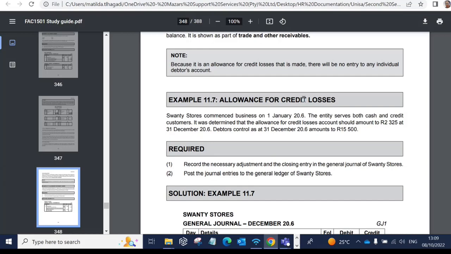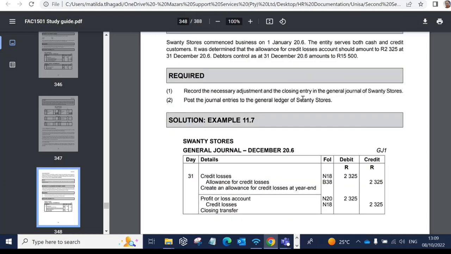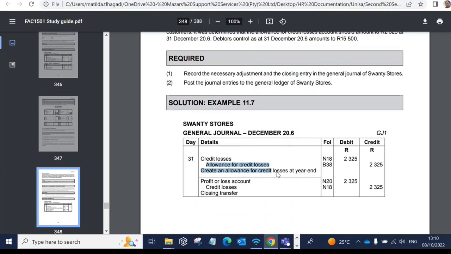So in this case, we're going to debit credit loss with 2,325, and we're going to credit allowance for credit losses 2,325. This account is part of trade and other receivables, so this balance will reduce our debtors control balance.